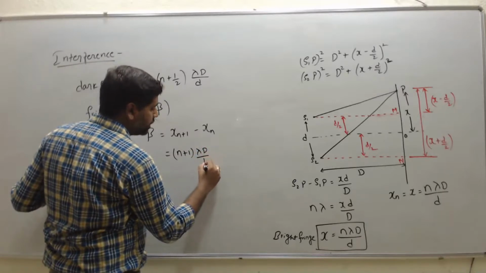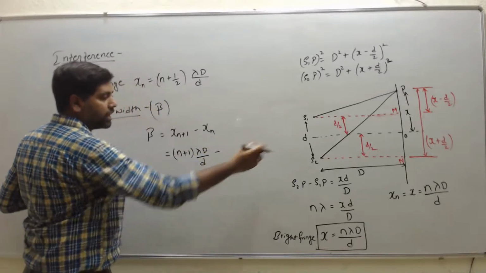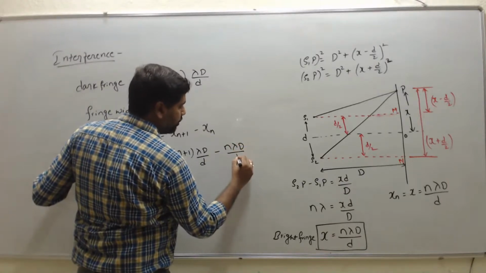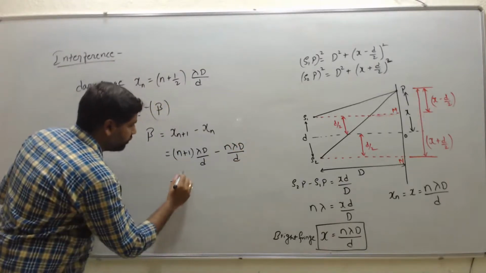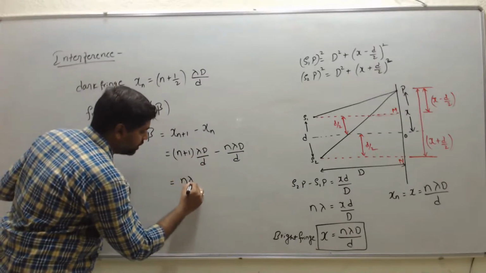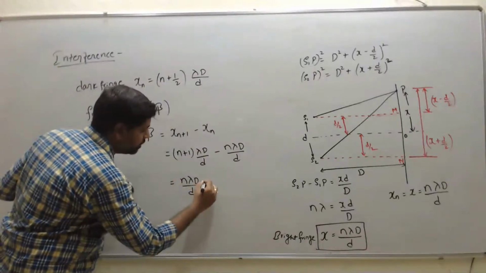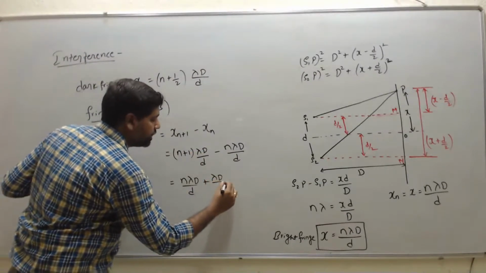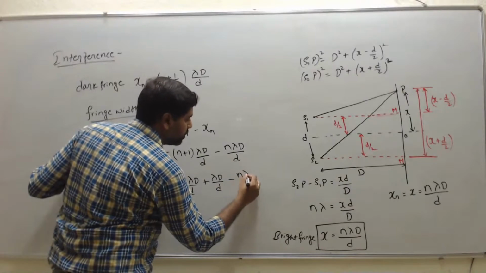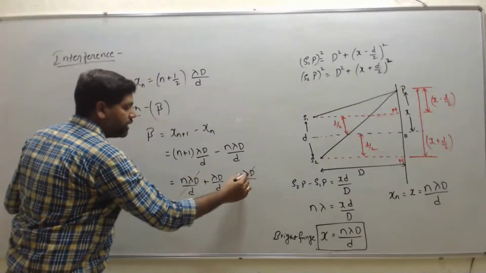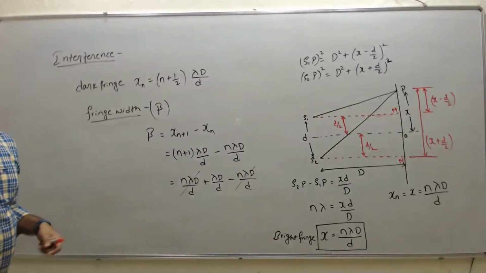So that is (n plus 1) lambda D by d, minus the xn value, which is n lambda D by d. If we simplify, (n plus 1) lambda D by d minus n lambda D by d, the n lambda D by d terms cancel.